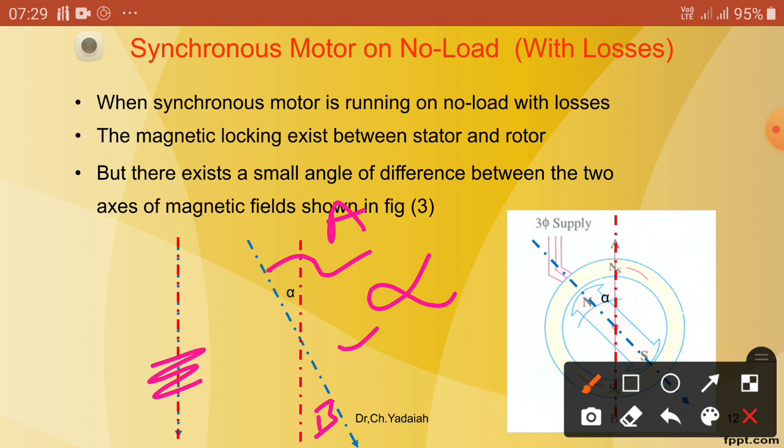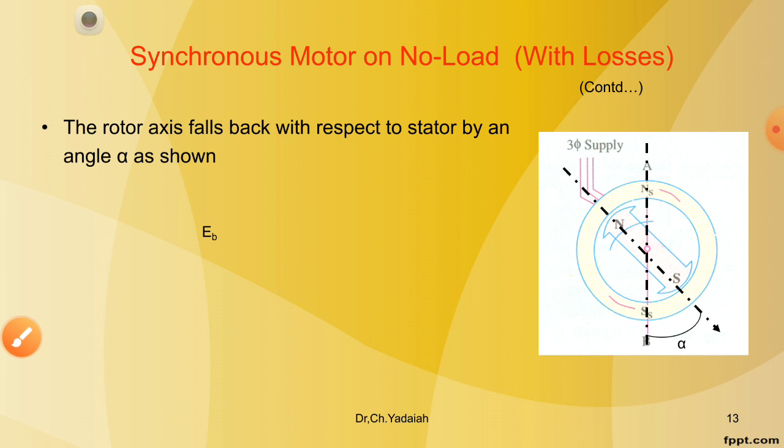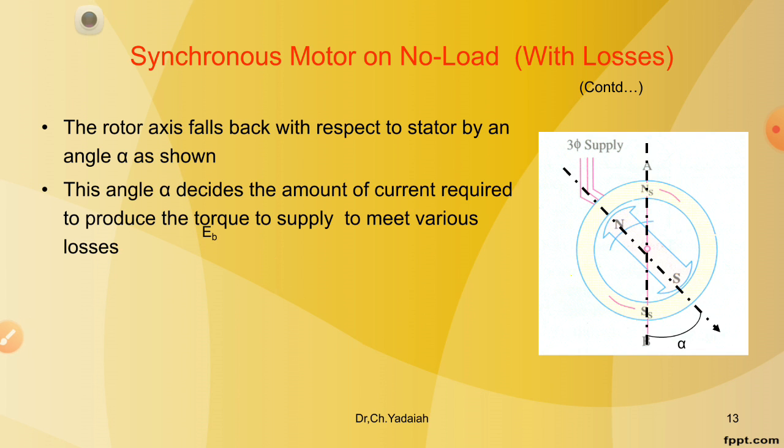Now, you can see the figure also. What will happen by having some difference between the two magnetic axes? The rotor axis falls back with respect to the stator by an angle alpha, as shown in the figure.